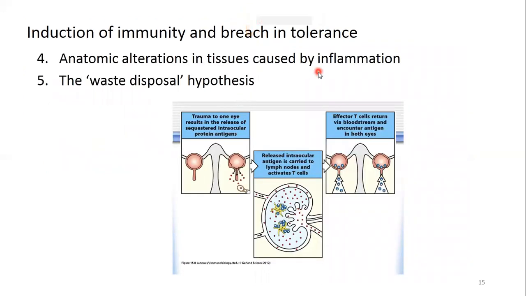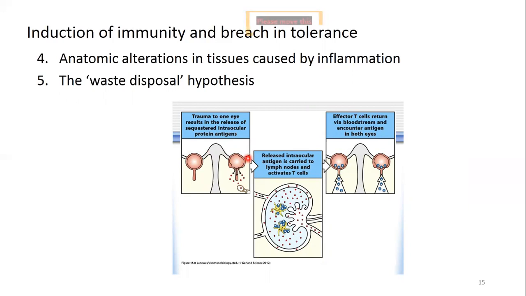Anatomic alterations caused by inflammation, for example, the areas we talked about in CNS, or in the eye. When there is a traumatic damage to one eye, it causes release of previously hidden antigens or sequestered intraocular protein antigens which have not been displayed to developing T cells in the thymus.